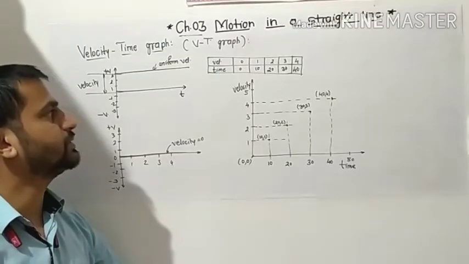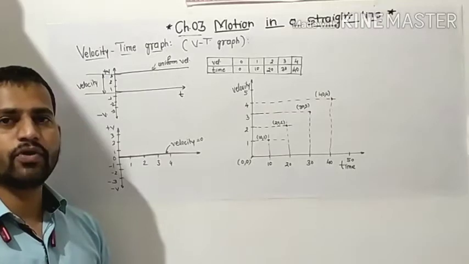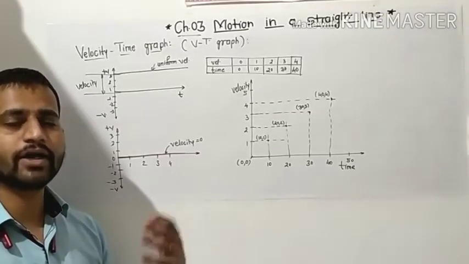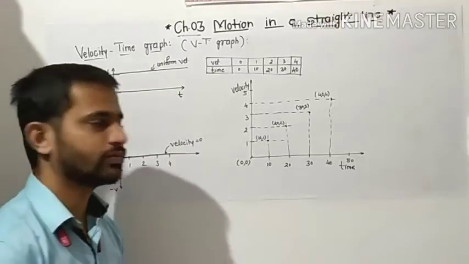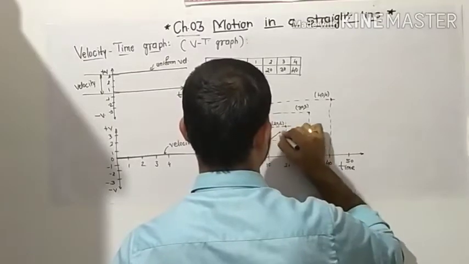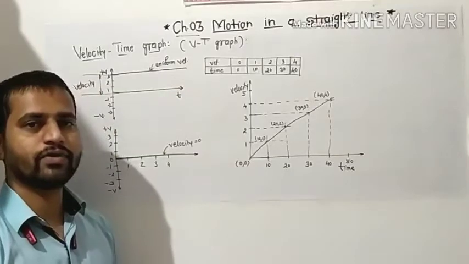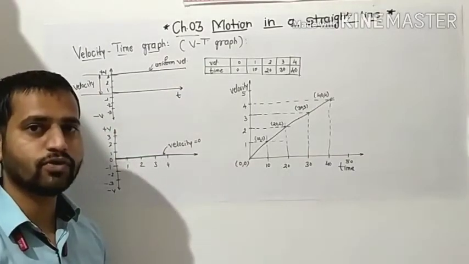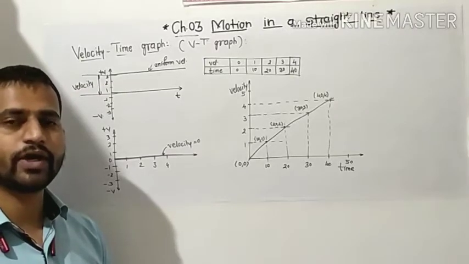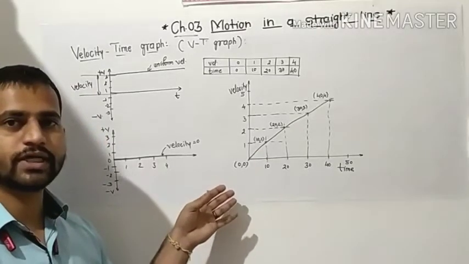If we connect these points, what do we get? By connecting these points, we will get one curve. When we have to find the slope of this curve, if you look, it is one straight line.